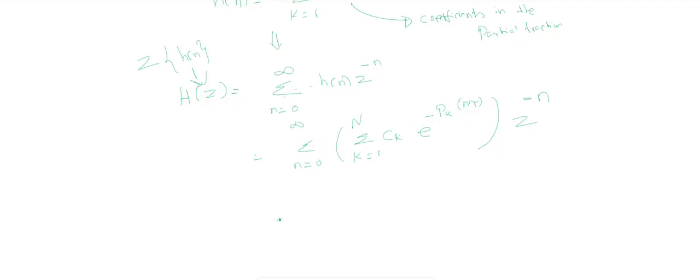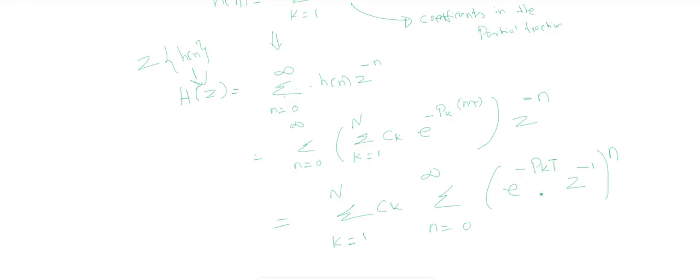We can write the summation of k equal to 1 to N of ck, take it outside, and the summation of n equal to 0 to infinity of e power minus pk T into z power minus 1, the whole power n. Okay, this T is actually the sampling period.